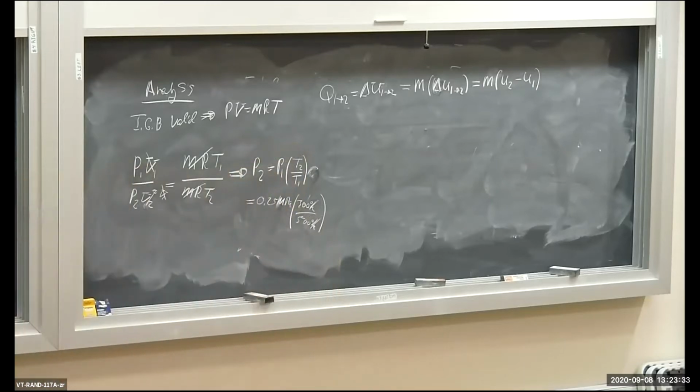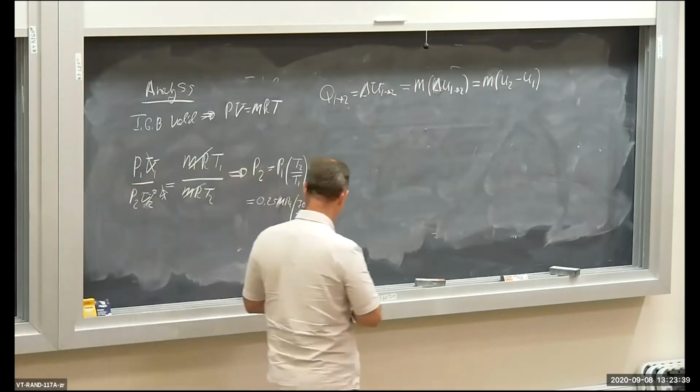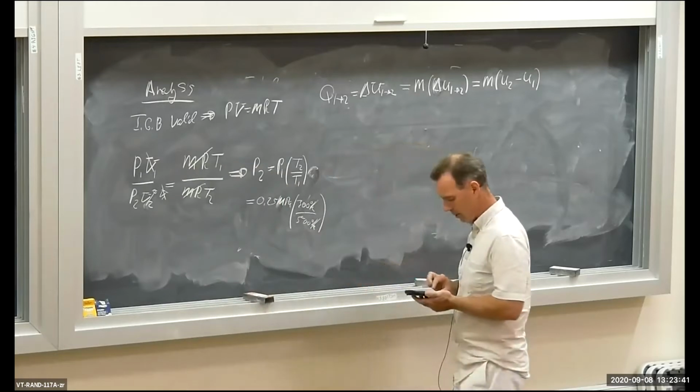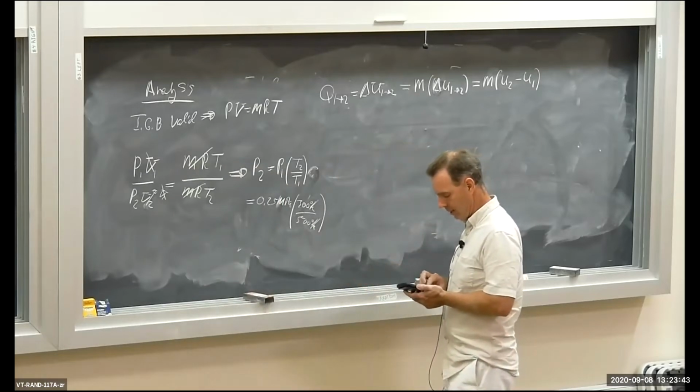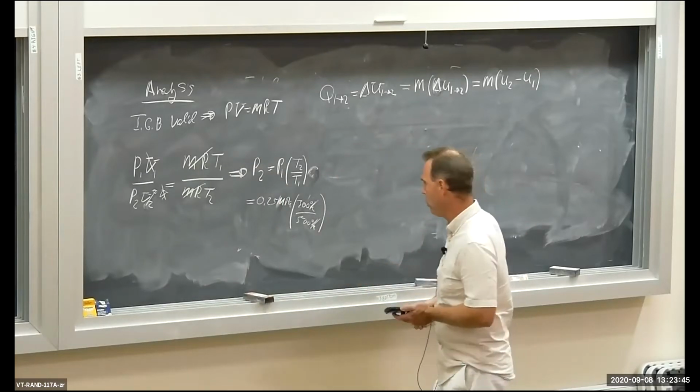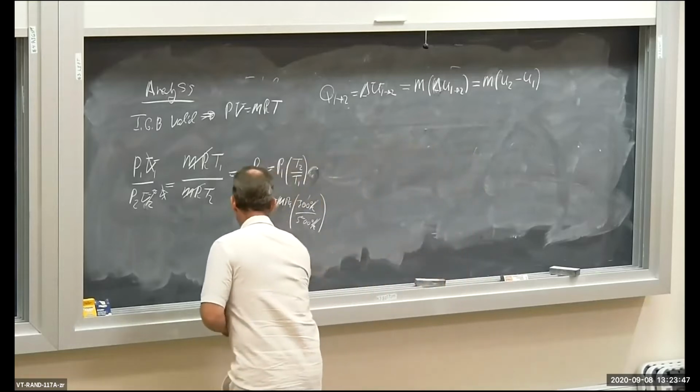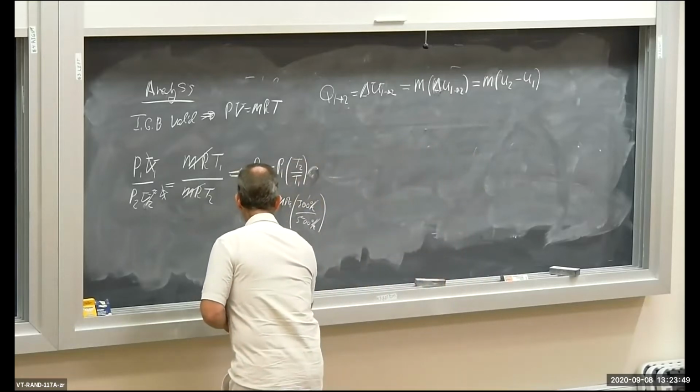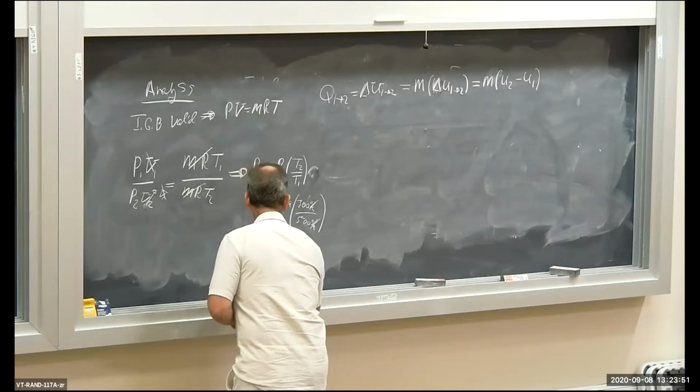So let me crank this out. 0.25 times 300 divided by 500. And I get 0.15 megapascals.